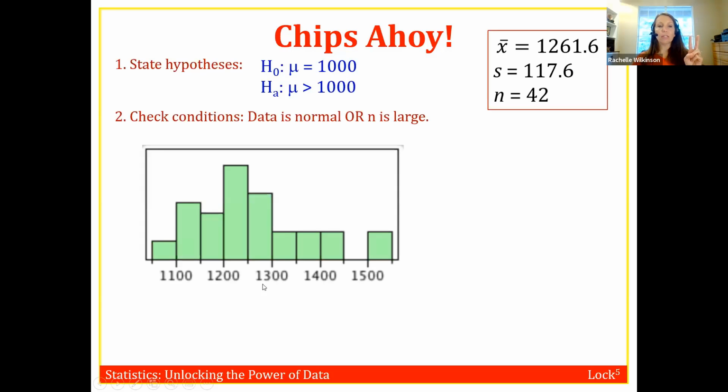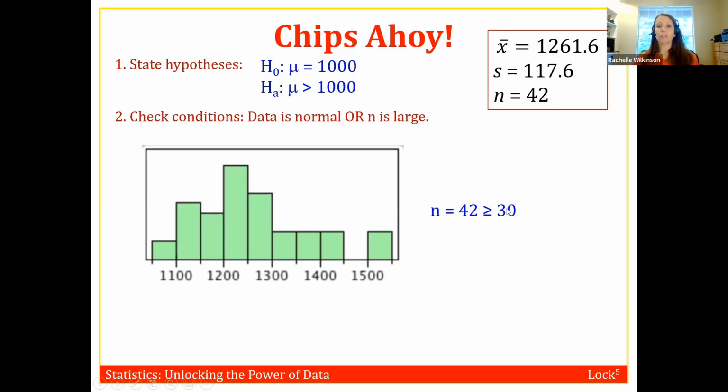So here's a histogram of the data. Does the data look symmetric with no extreme outliers? Ish, right? I don't think it has any extreme outliers. It is a little bit on the skewed side, but is our sample size large, meaning greater than or equal to 30?